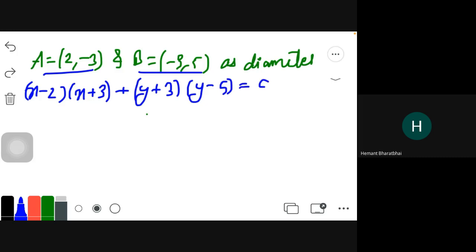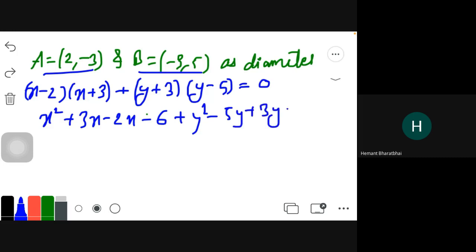So I'll solve this equation. x into x, that will be x square, plus 3x minus 2x minus 6, plus y square minus 5y plus 3y minus 15 equal to 0.